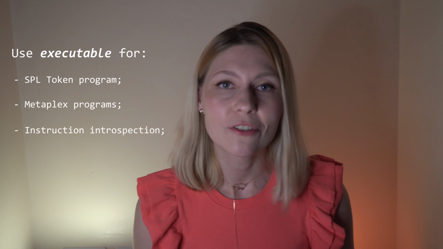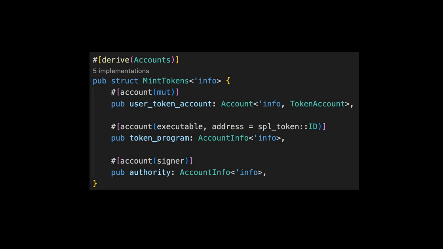Use it for the SPL token program, Metaplex programs like token metadata, instruction introspection, for example the ED25519 program, custom CPI targets, etc. In this example, the token program must be executable and match the SPL token program ID. This protects against spoofed or invalid CPI targets.